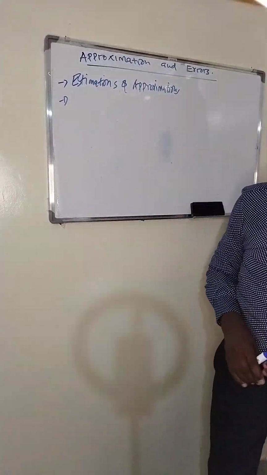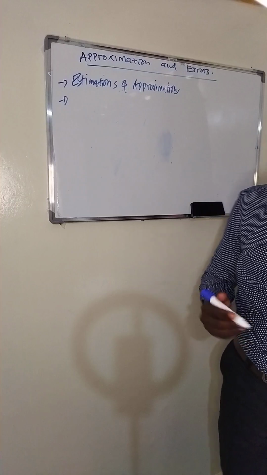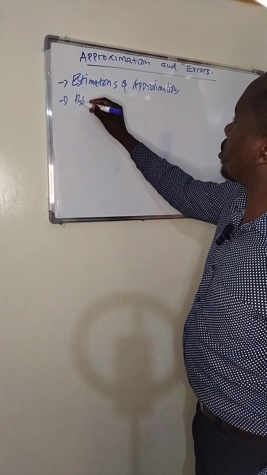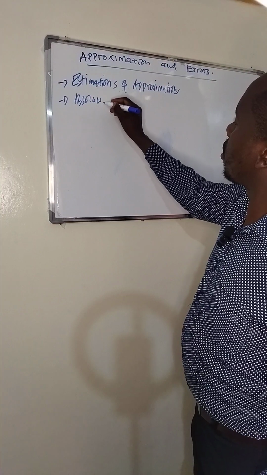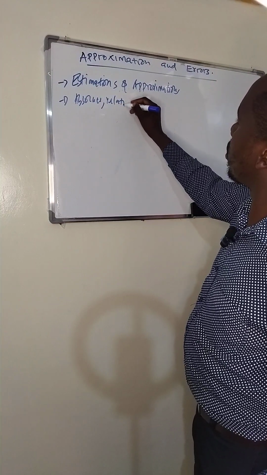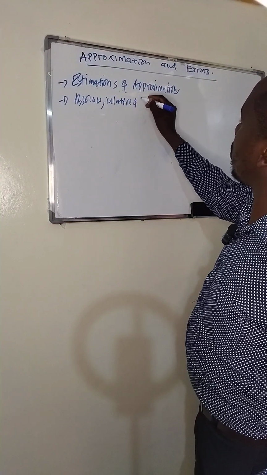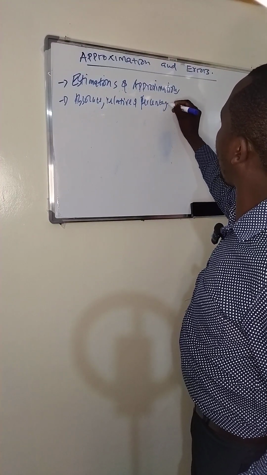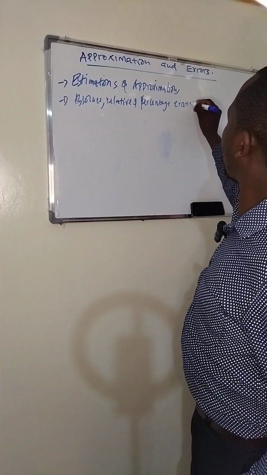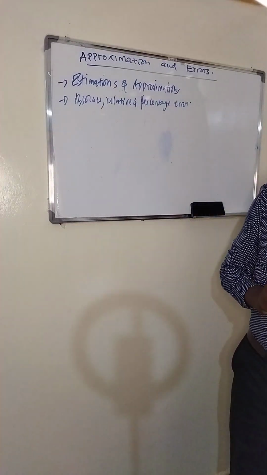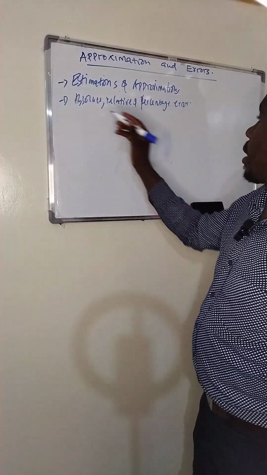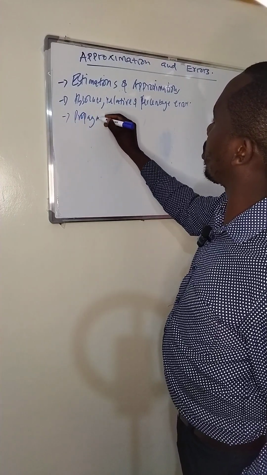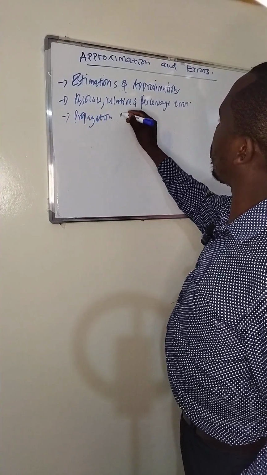The second objective will be what we call the absolute, relative, and percentage error. And thirdly will be the propagation of errors, which is the climax of this topic.